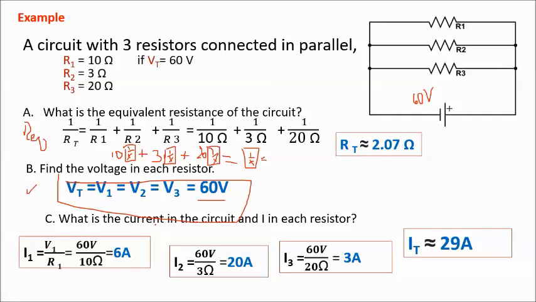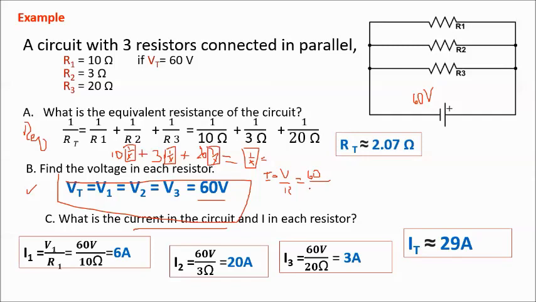Next, what is the current in the circuit and I in each resistor? When we say current in the circuit, we need to consider VT and RT. So, from V is equal to IR, I, therefore, is equal to V over R. So, V is 60.